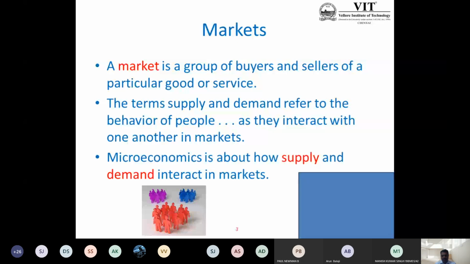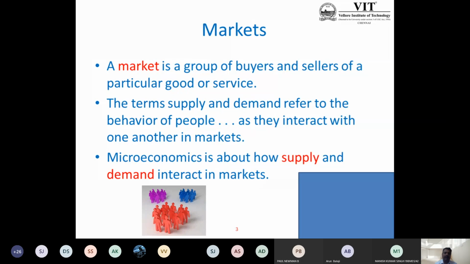Even online, Amazon is a market, Flipkart is a market, and MCX, the Multi Commodity Exchange, where we buy copper, nickel, zinc, or crude oil online and sell them. Forex, foreign exchange, where we buy and sell the currencies of particular countries online.